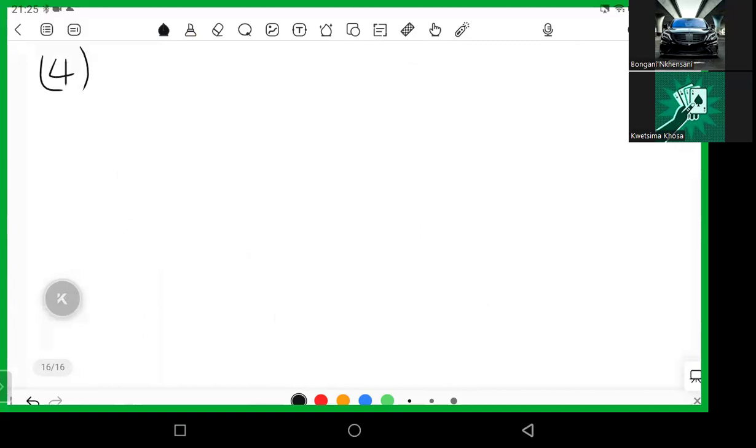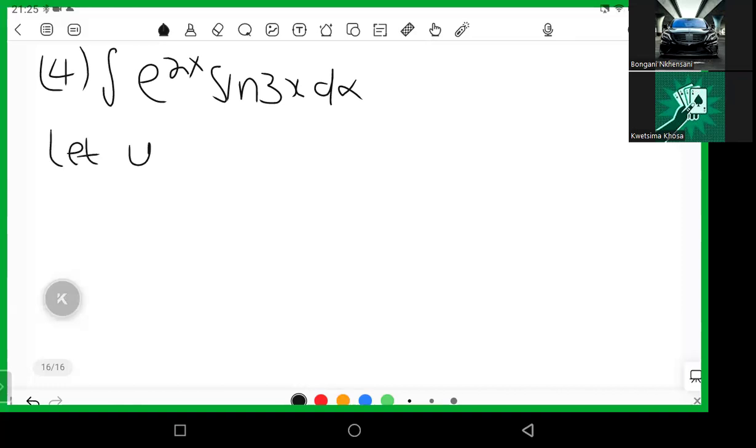Now let's say they give you this one. Let's say they say integrate e to the 2x sine of 3x dx. So here you're going to let u be the sine. You know that u is sine of 3x, because it's 3x.